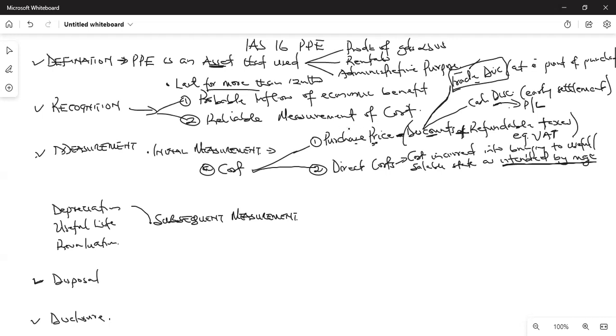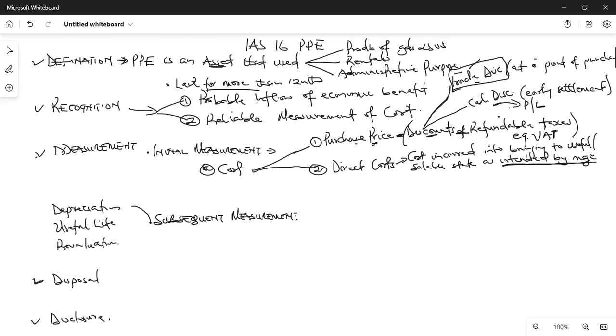As for an individual, hardly do you do input and output. So the VAT and everything you pay will be in there. It's not refundable, so it will be in there. Then we have direct cost. The cost is my transportation that I used to go to Circle to buy the phone.